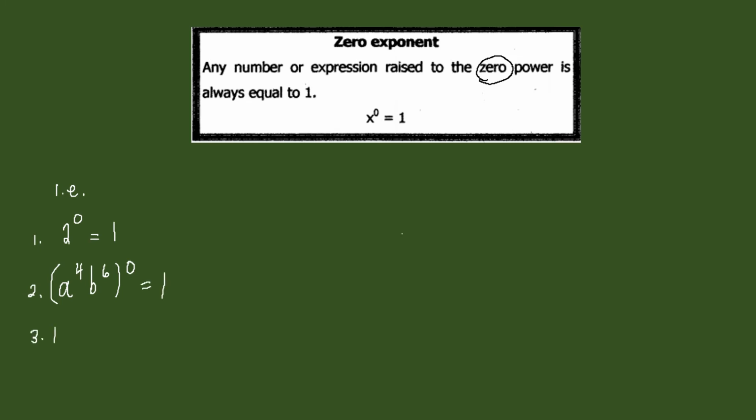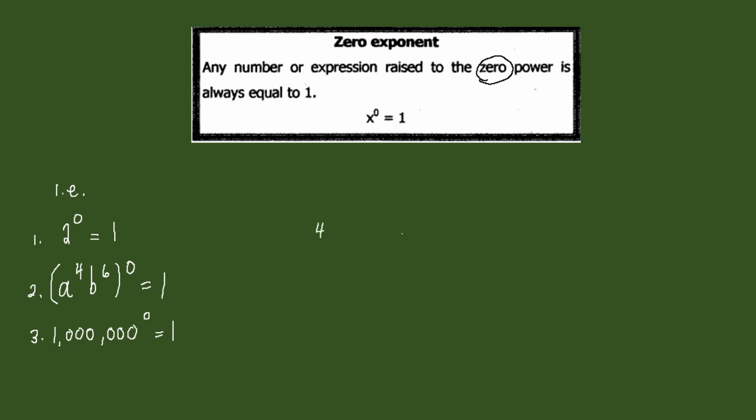Even if I have 1 million, but I raise that to the 0 exponent, it will always be equal to 1. Okay? So that is what is meant by the zero exponent. So any number that you raise to the zero power will always be equal to 1.